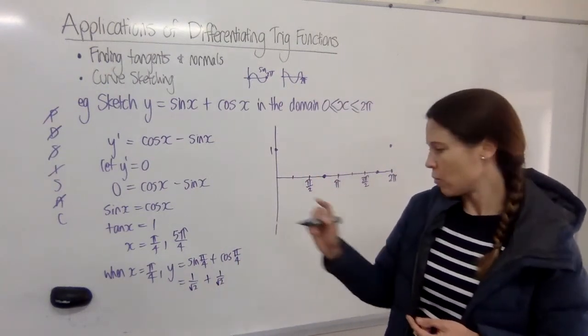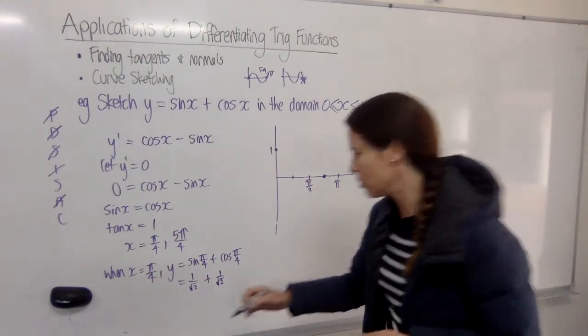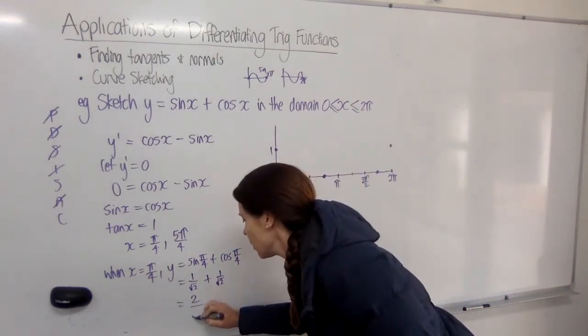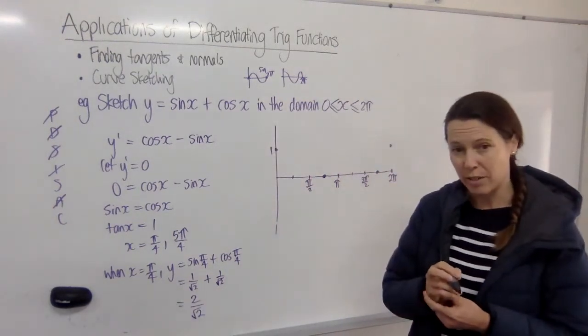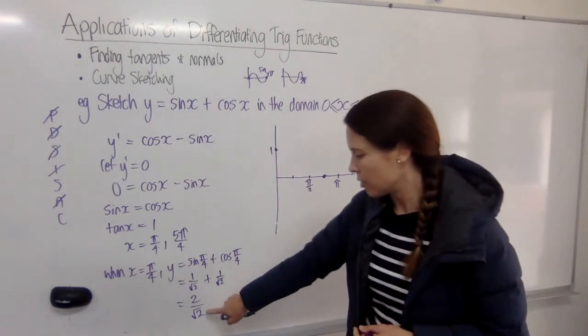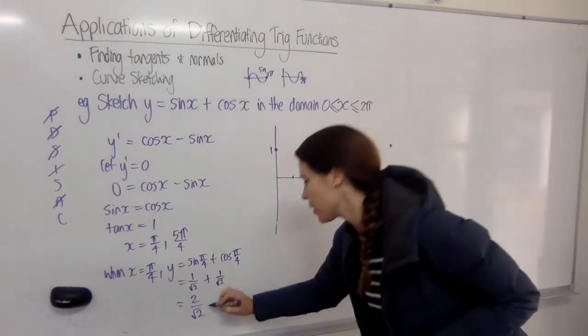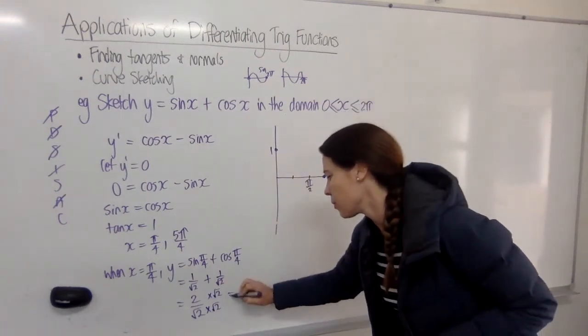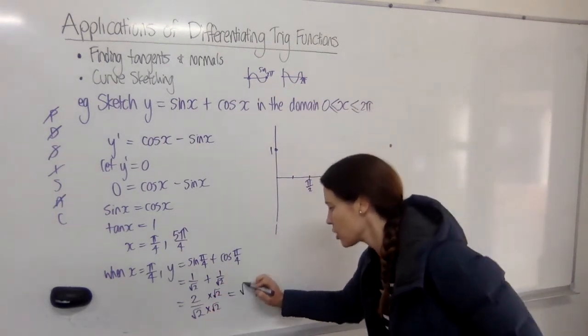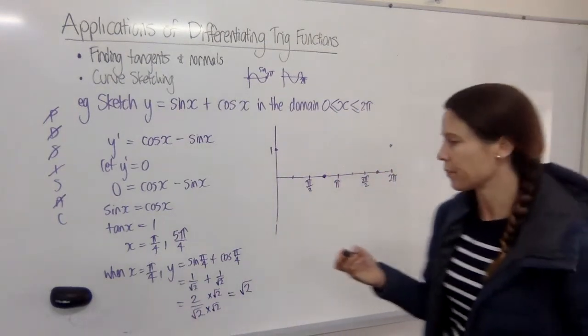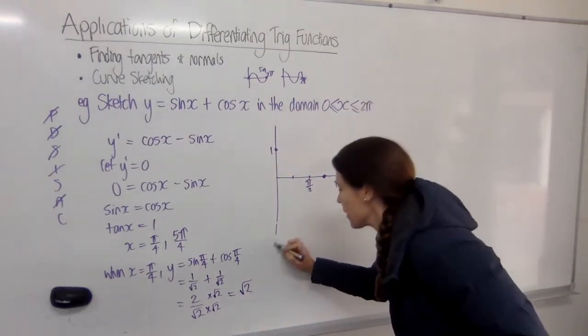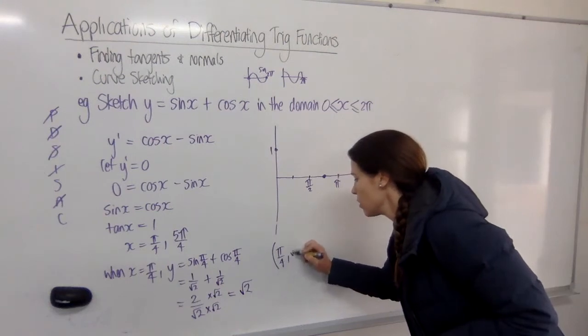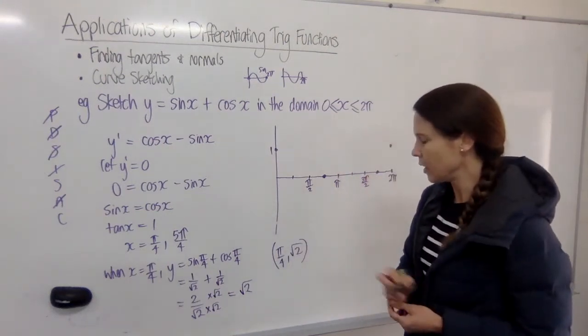Adding 1 over root 2 plus another 1 over root 2, you get 2 over root 2. Can you simplify that further? Sure, it's bad practice to have surds in the denominator. Let's multiply top and bottom by root 2, and we get 2 root 2 over 2, which is just root 2. So we've got one point, pi on 4, root 2.